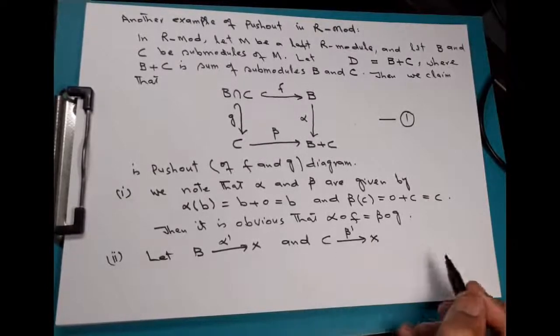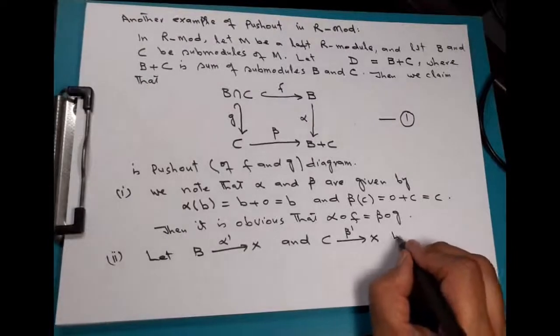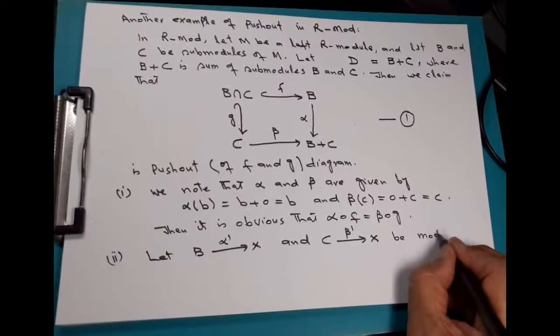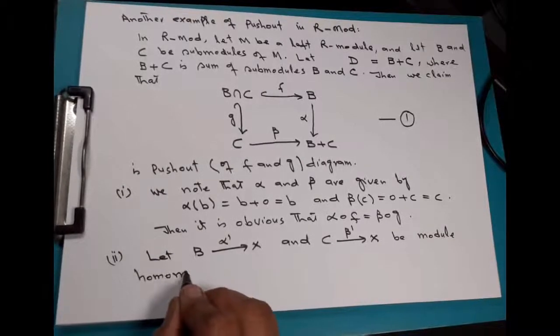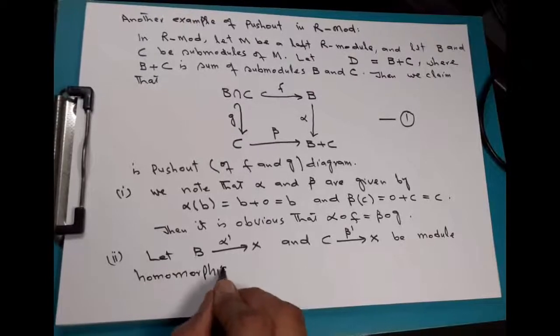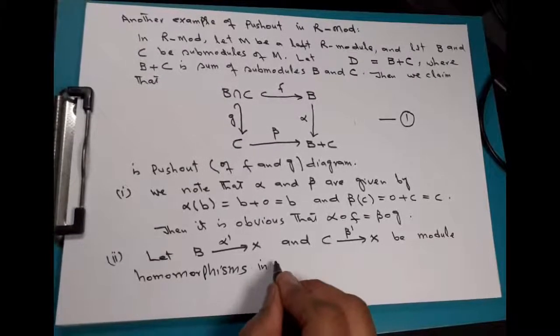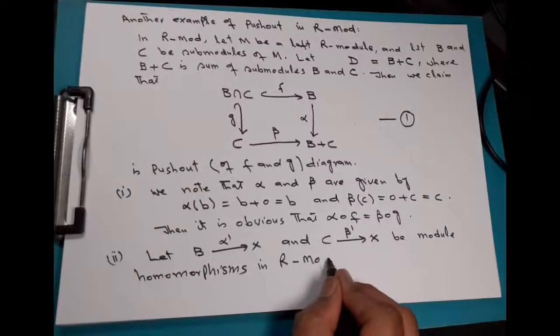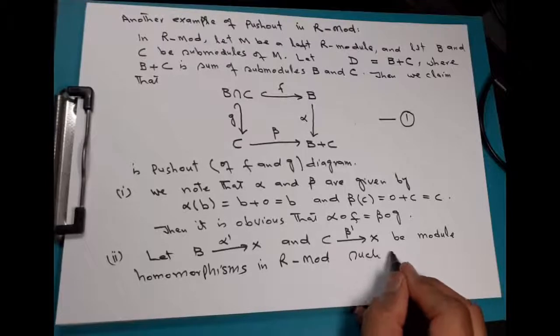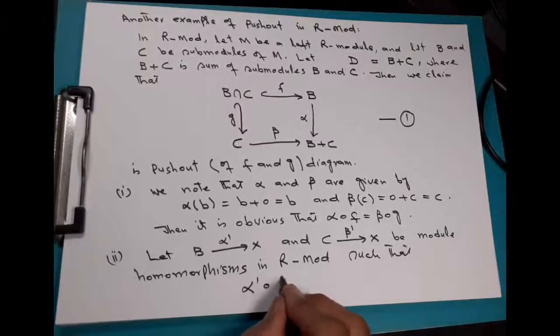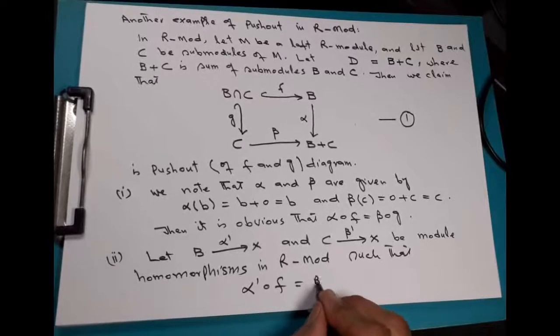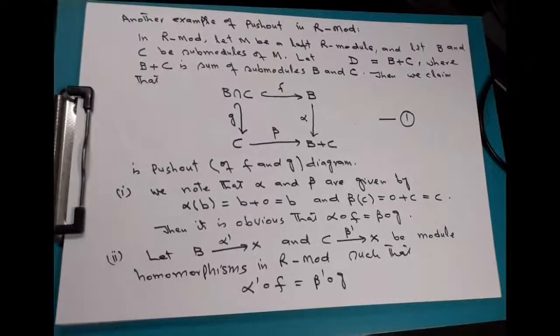So let alpha dash and beta dash be module homomorphisms in the category of left R modules, such that, I write the condition here, alpha dash composed with F is equal to beta dash composed with G, and you will be able to see that when I draw the diagram.